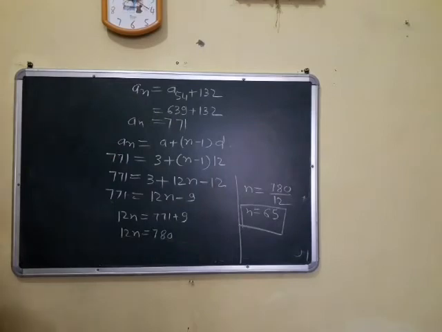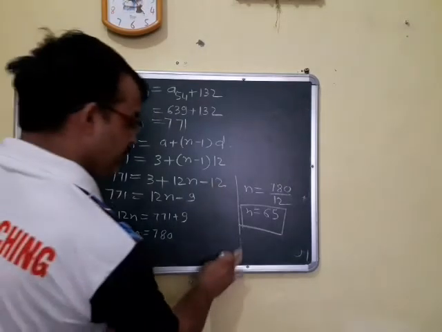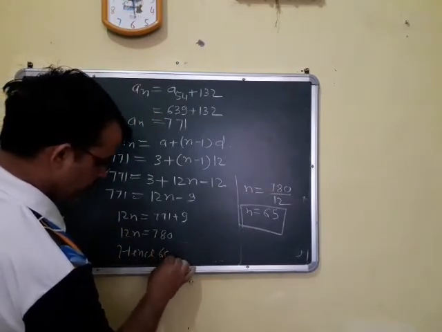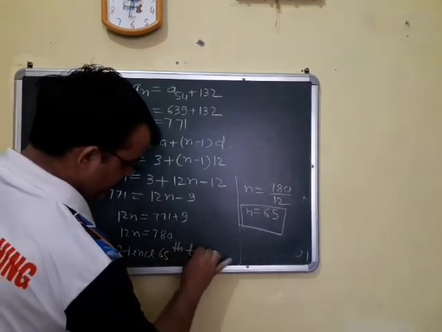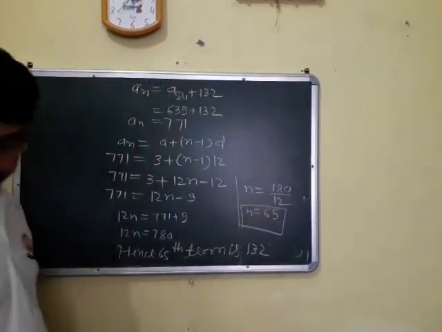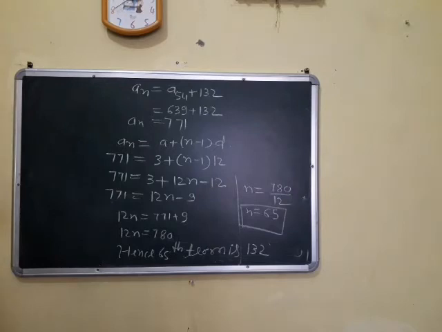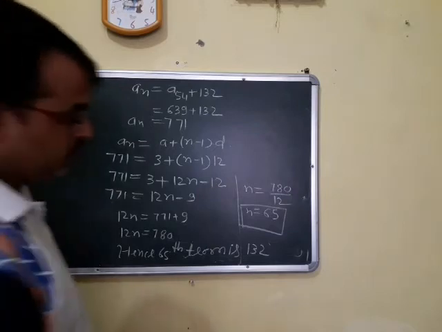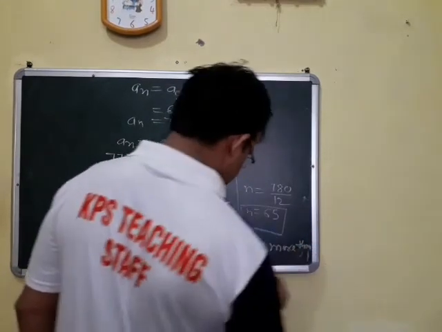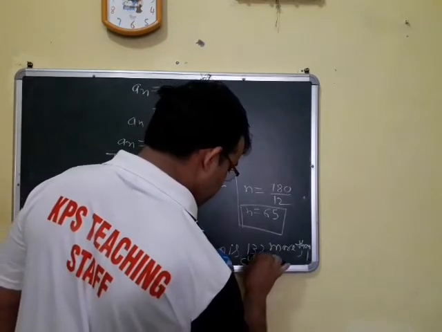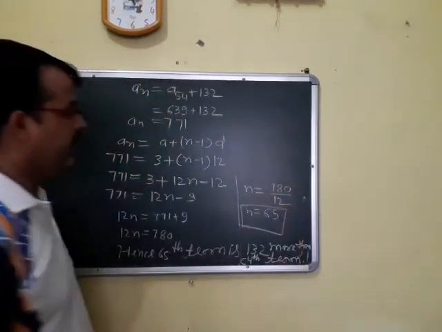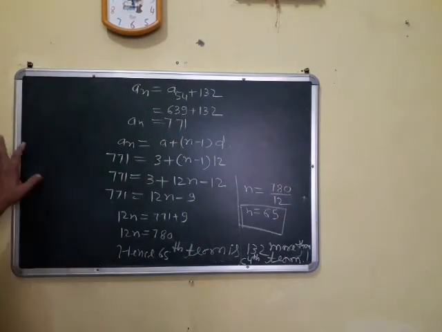Hence the 65th term is 132. The term is 132, more than the 54th term. Clear? This one is your solution.